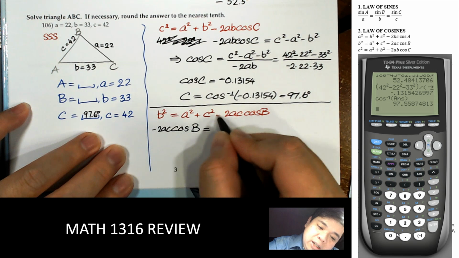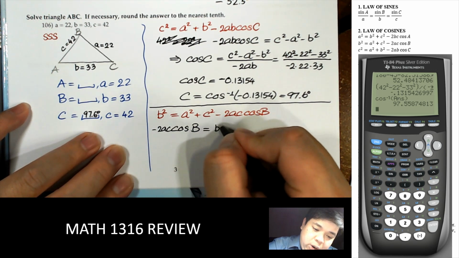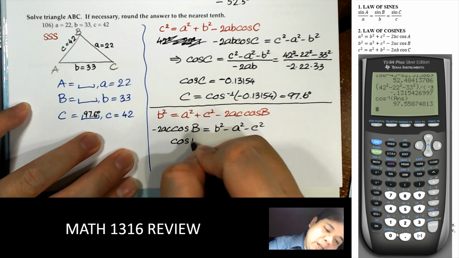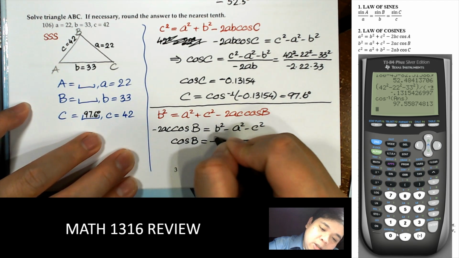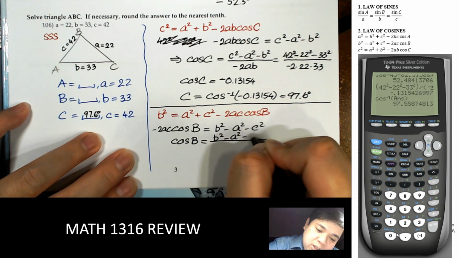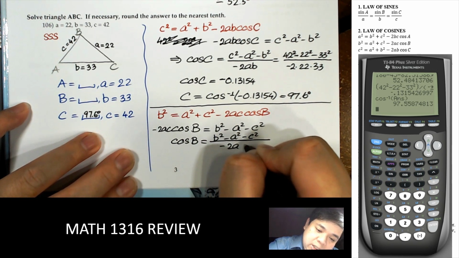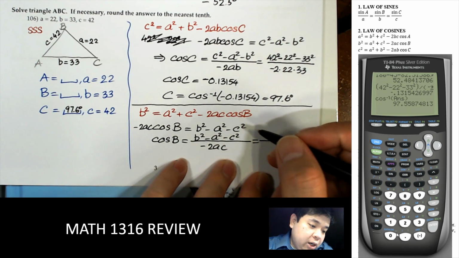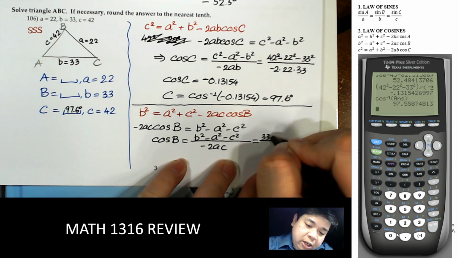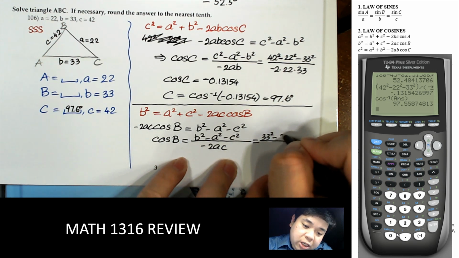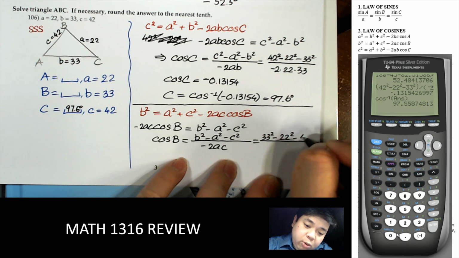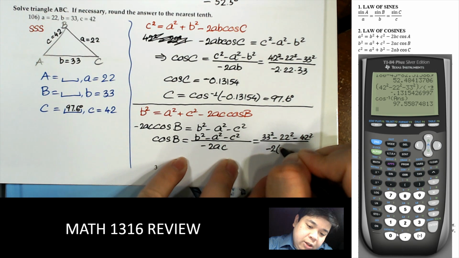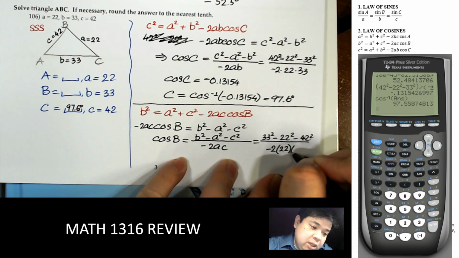So b squared minus a squared minus c squared, over negative 2ac. b squared 33 squared, a squared 22 squared, c squared 42 squared, over negative 2 times a 22, c 42.